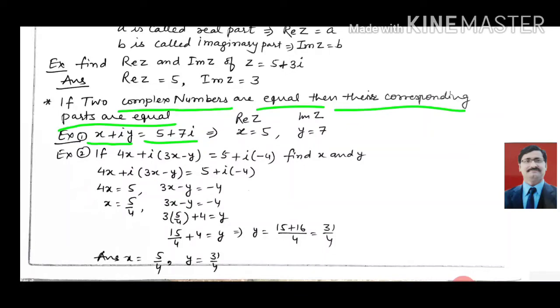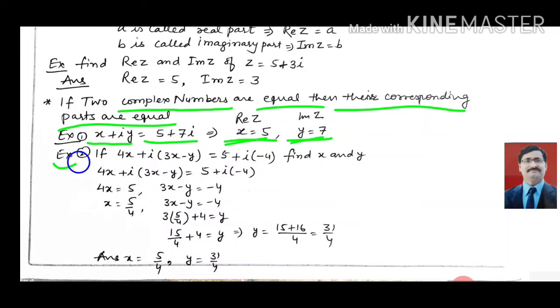Real part of the first is x and real part of the second is 5, so x equal to 5. The imaginary part of the left hand side complex number is y, and the imaginary part of the second side is 7, so y equal to 7. So corresponding parts, real and imaginary, are equal.